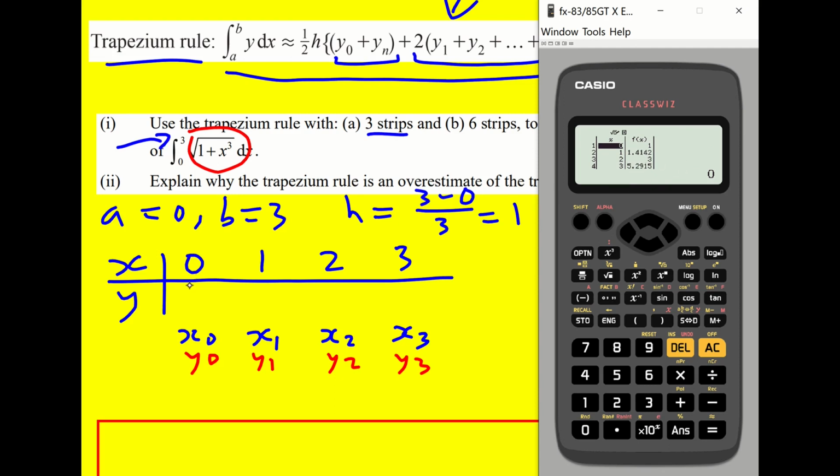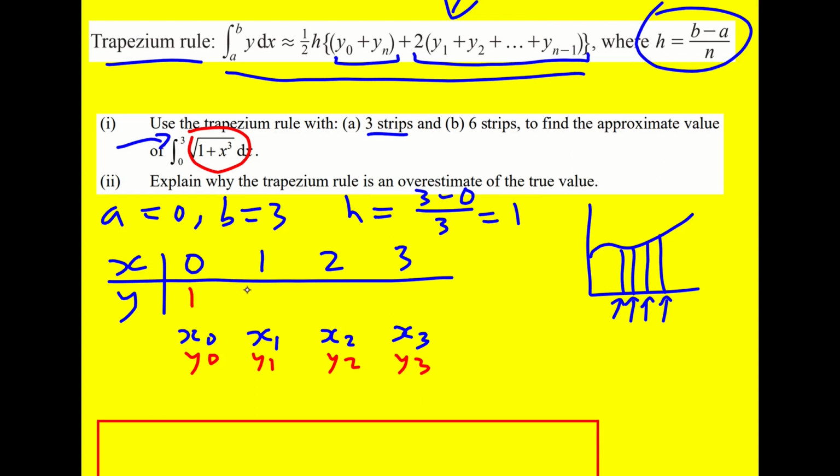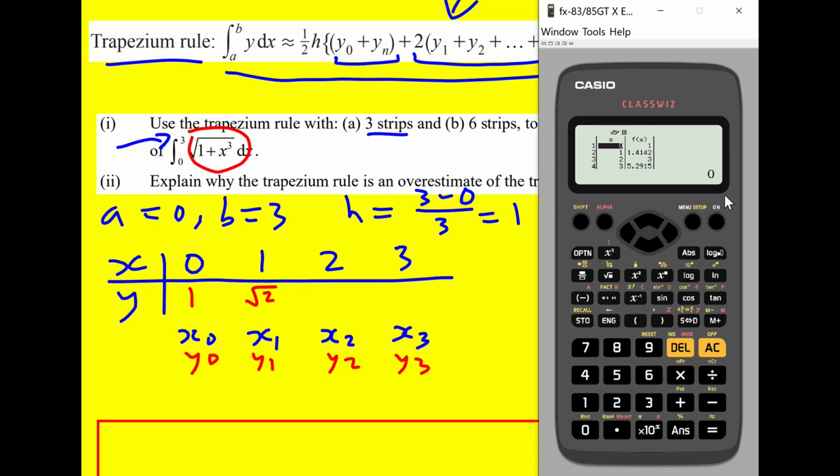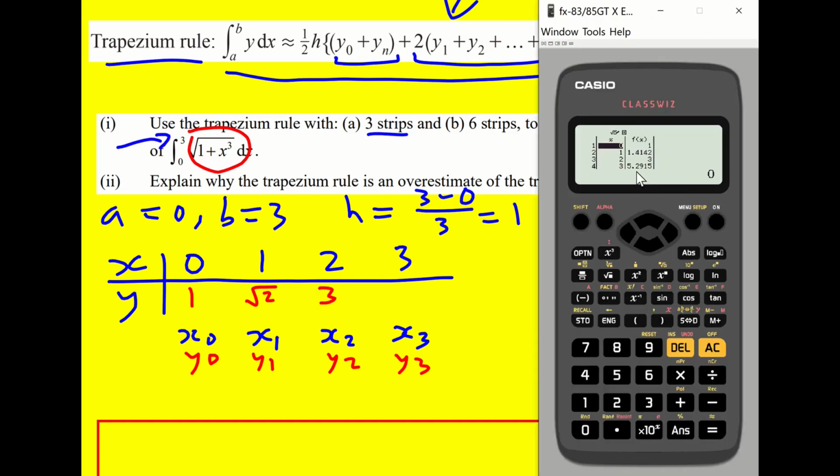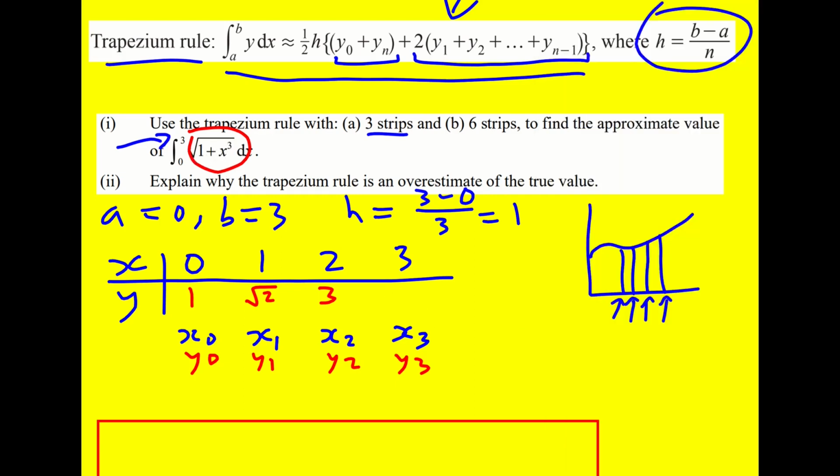So you'll get 1 and root 2. So in this case, although I've used a table function, I'm just going to use it to help me out a little bit. This one is 3. And actually, 5.29, when I substitute 3 in, I'm going to get 27. I'm going to get root 28.